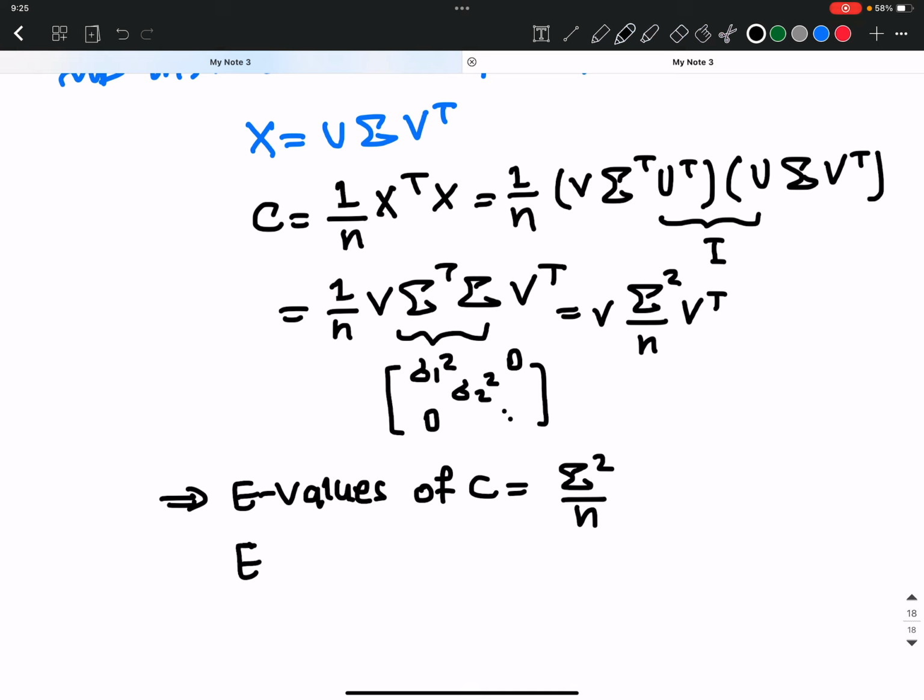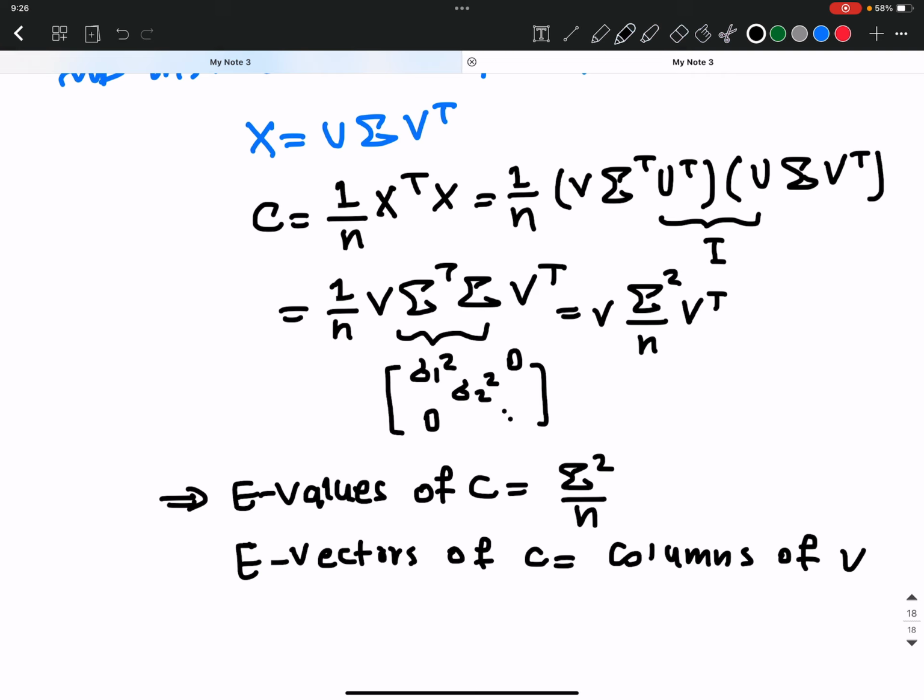The eigenvectors of C would basically be the columns of V. It's a very, very interesting and nice property. You can see it here. Right? Why? Because if you just multiply it by V, we get back to that eigenvalue problem that we were actually looking for.